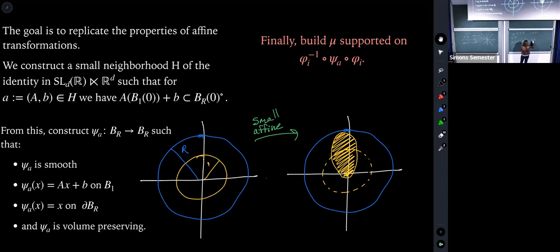So this is Lebesgue on the ball. And then c is chosen so that this thing is actually a probability measure.